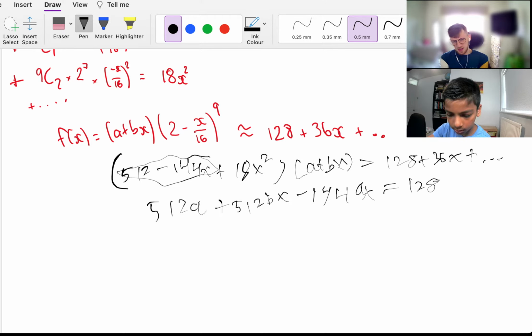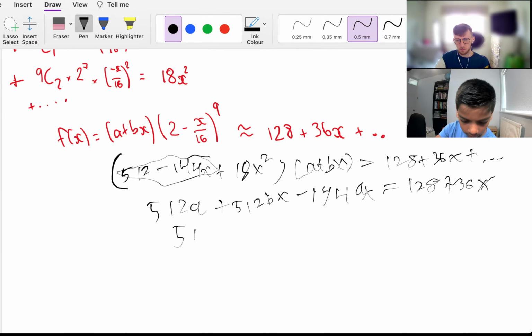We don't need anything with x squared, so we can ignore the 144x times bx. That will give us a term in x squared. And we can also ignore the 18x squared too, because that's x squared or x cubed.